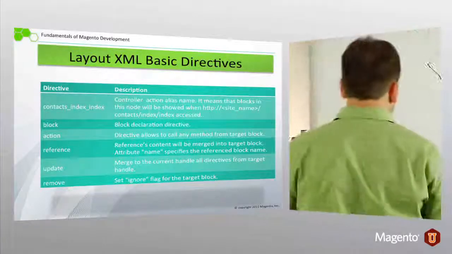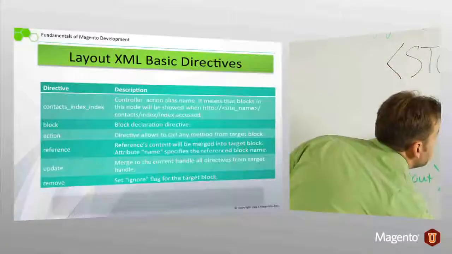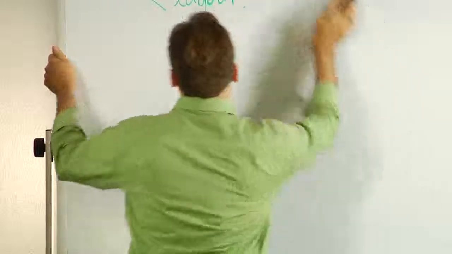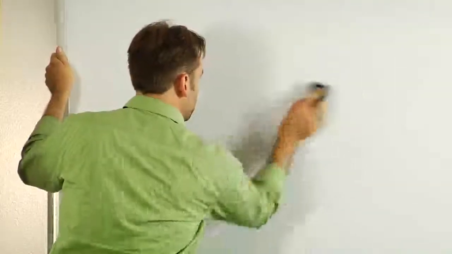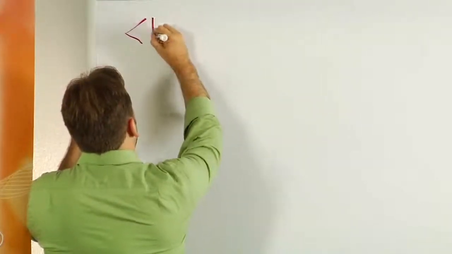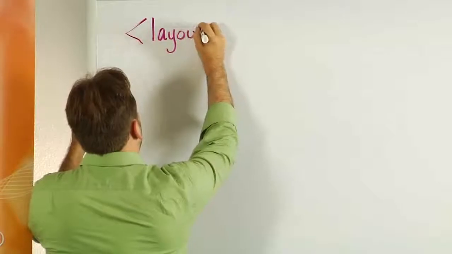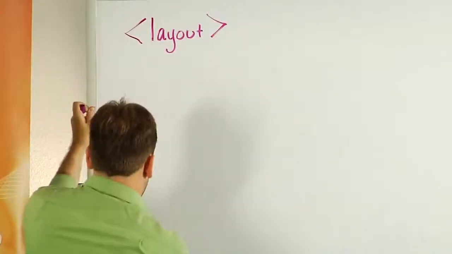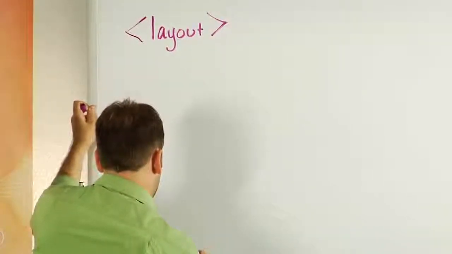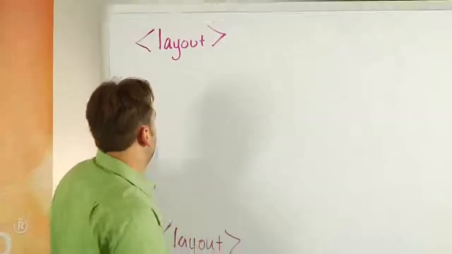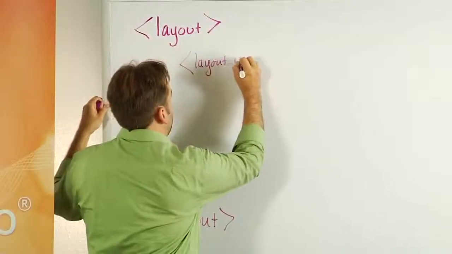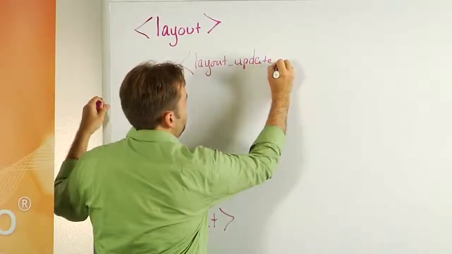So then we also have the block directive, and this is just some string, really.